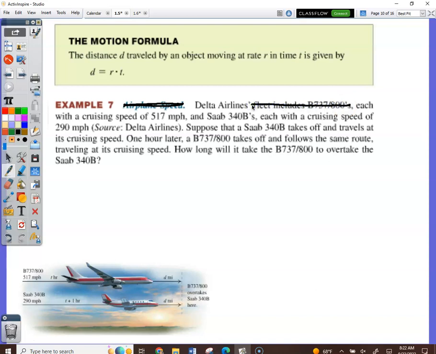Each plane has a cruising speed of 517 miles per hour, and Saab 340Bs, each with a cruising speed of 290 miles per hour. Not a different airline, a different plane.